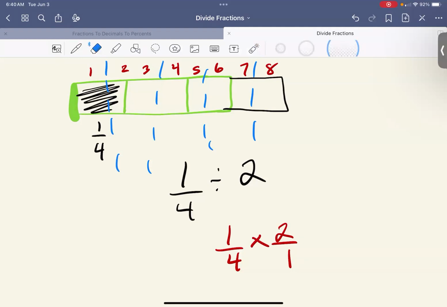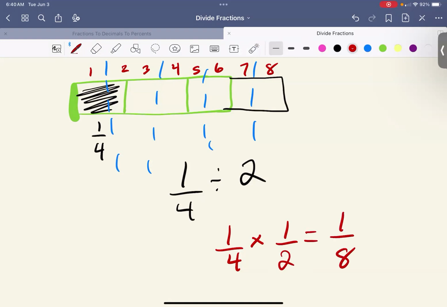So this becomes 1/4 times the reciprocal, 1/2. So we get 1/8. So whenever we divide a fraction by a whole number, we take the reciprocal of the whole number, here it is 1/2, and then when we multiply, we get 1/8.